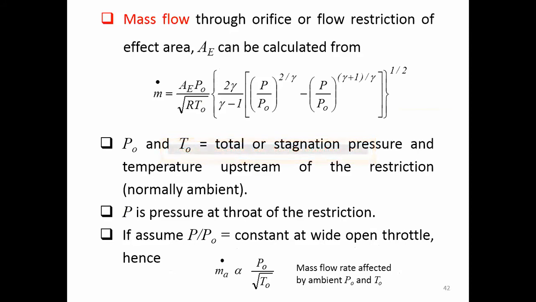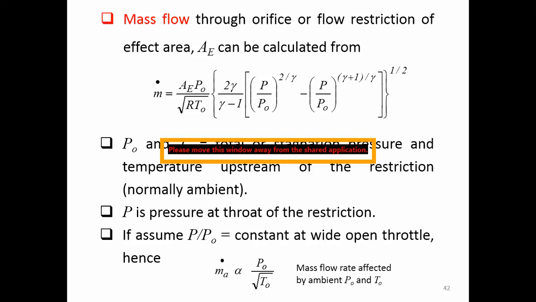All of these are called restrictions of the effective area. Or it comes through an orifice, a small hole. So this is what our mass has to flow through, no matter if it's fuel or air. And since it flows through all of this, it can be calculated from this equation.